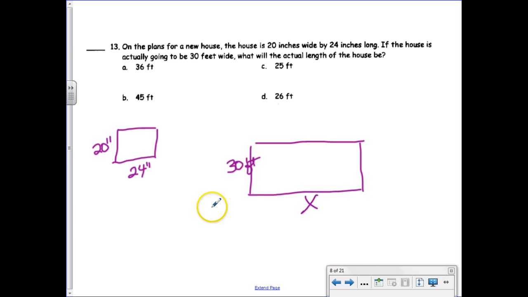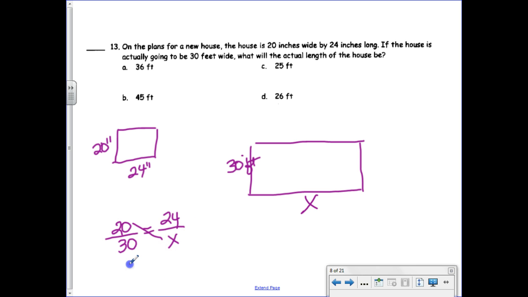There are several ways to set up the proportion. You just decide one of the ways that works. So I tend to like to match up sides, 20 to 30. So I'm doing width to width from the baby one to the big one, as 24 is to x.